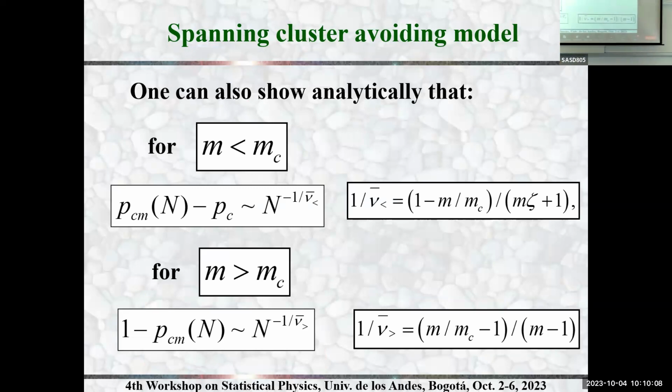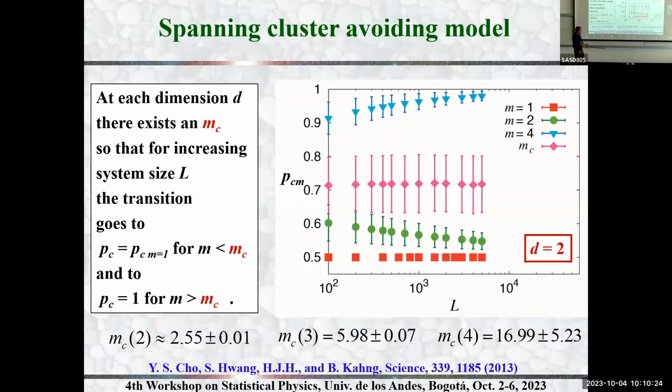So here you have the law how P minus PC goes if you are above, below MC, and here is the same above PC. So you can find the full relation with the full exponents, how the exponents depend. So the full finite size scale picture that I showed you here, and how they go down with L, this kind of slope, and this kind of slope, all this can be obtained exactly in this case.